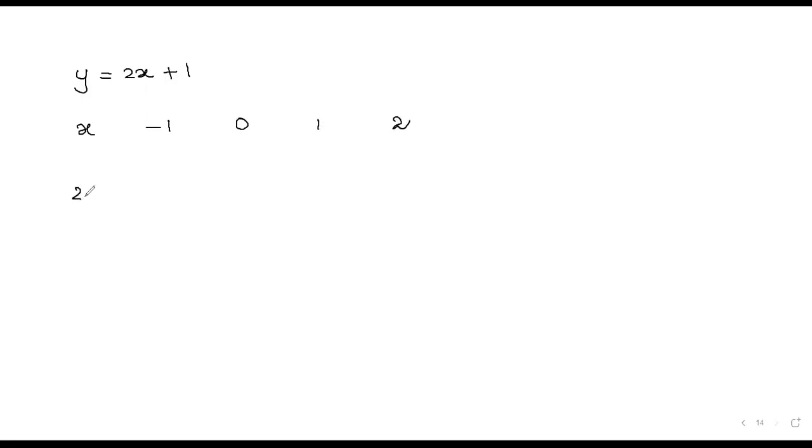So then you write the 2x value, you fill it like this. Then for each column, you add 1, like this. So then you write the 2x plus 1, and then you write y. Negative 1, positive 1, 3, and 5.